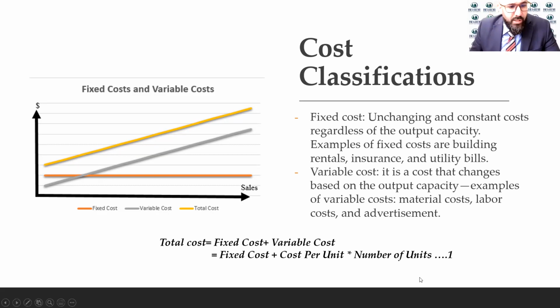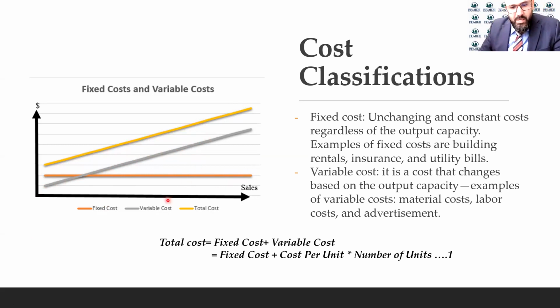If we look at this chart in front of you, you will see the fixed cost as a constant cost, right there. The gray line right here is the variable cost, which varies with the quantity and the output. In order to find the total cost, you add both of these together, and that results in this orange-yellow line showing the increase of cost with the quantity, because we considered the variable cost.